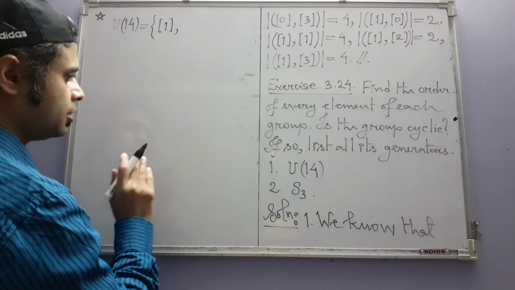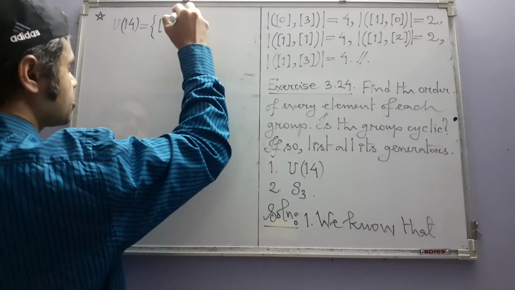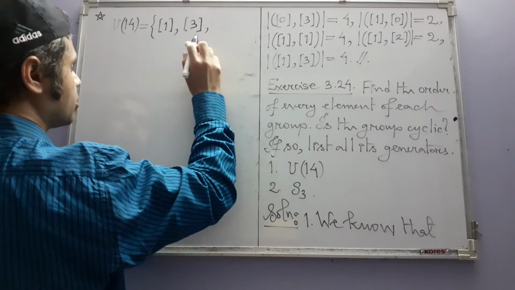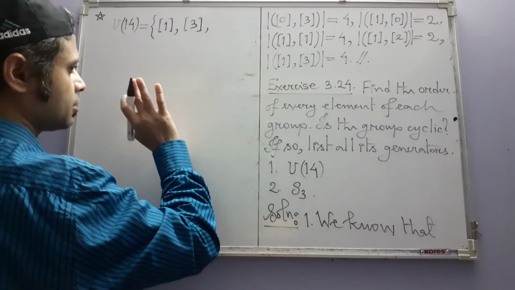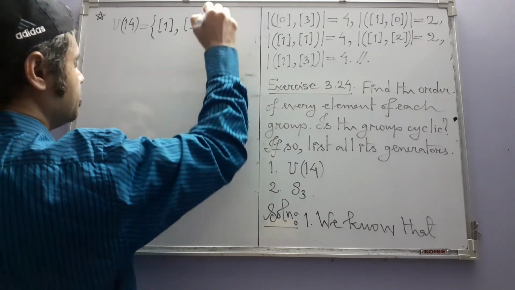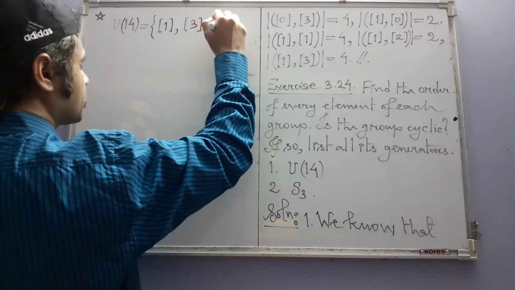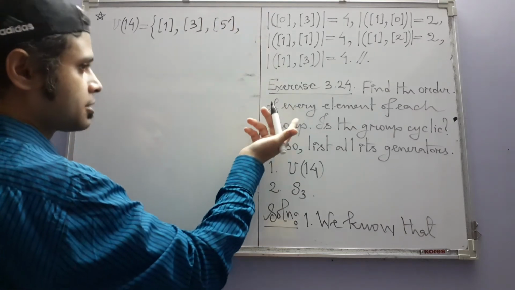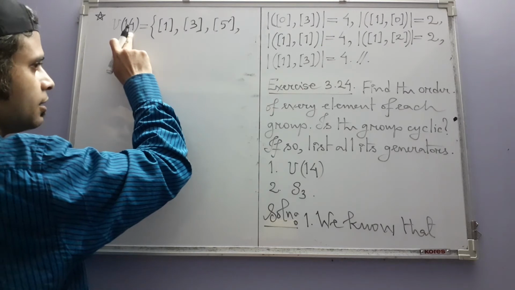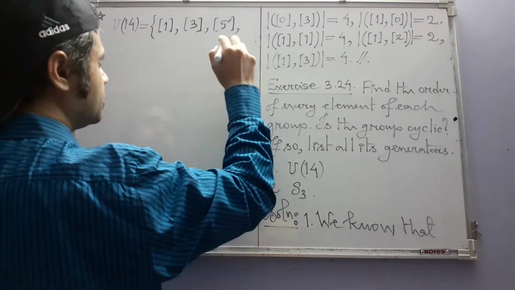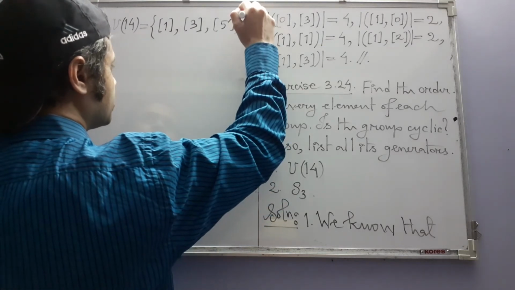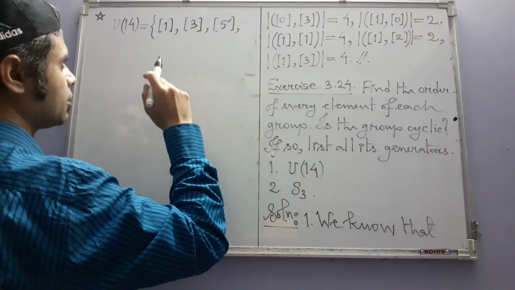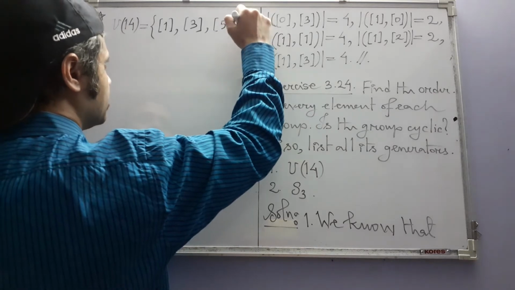The GCD of 2 and 14 is 2, it's not 1. 3 is. 4 is not. So all the even integers have to be discarded. So the next one is 5, but then you cannot take 7 because the GCD of 7 and 14 is 7. You cannot take 6, and you cannot take 8, but you can take 9.